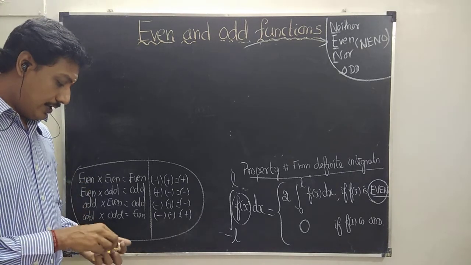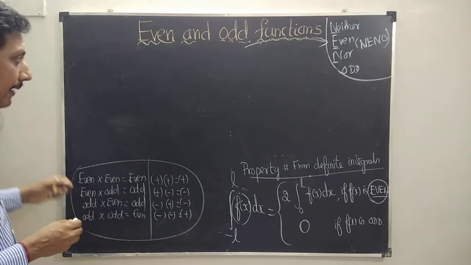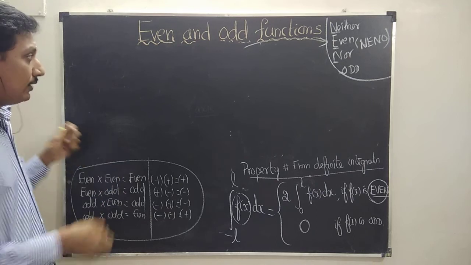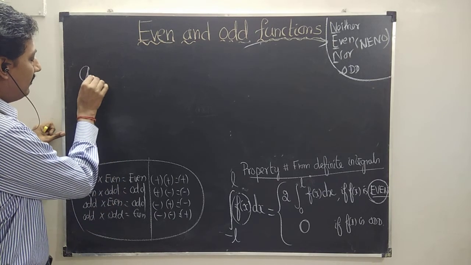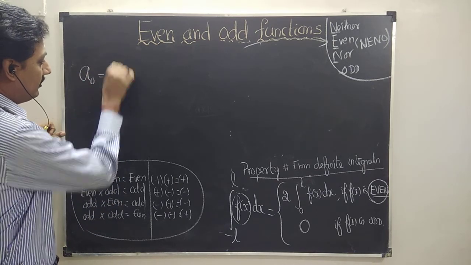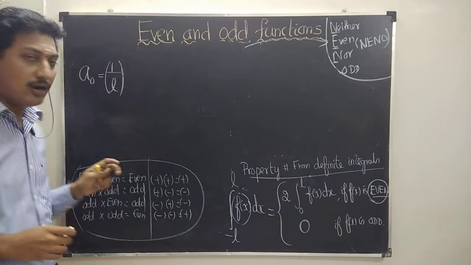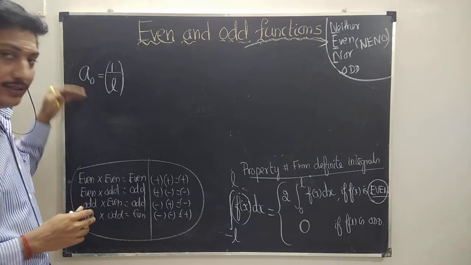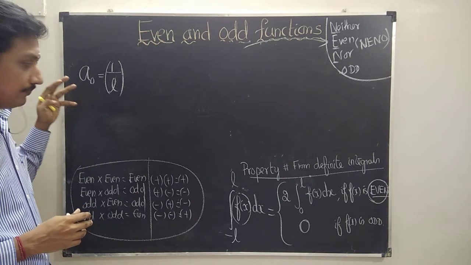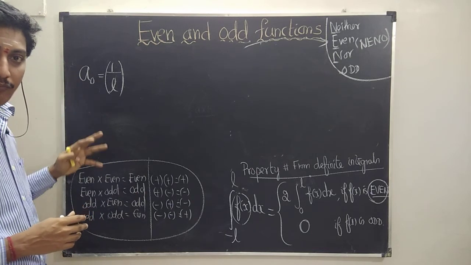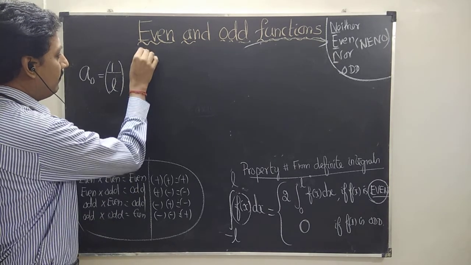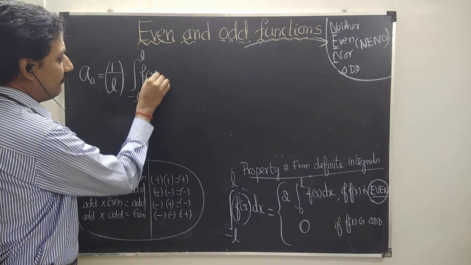Because in the Fourier series expansion, we are going to discuss the interval minus L comma L. For example, the formula for A naught is 1 by L. So how will these even and odd functions impact the formulas for A naught, A n, B n? A naught is equal to 1 by L integral from minus L to plus L of f of x dx.